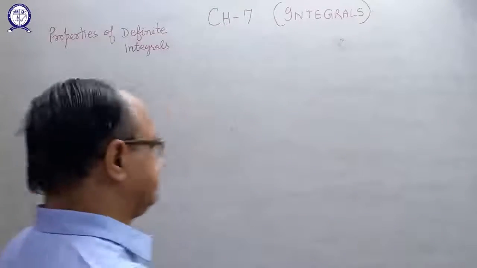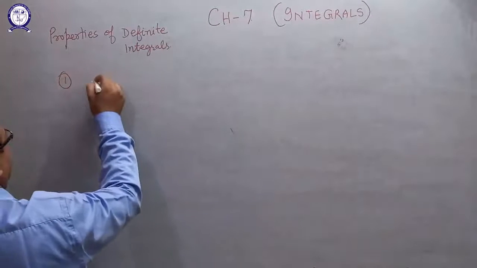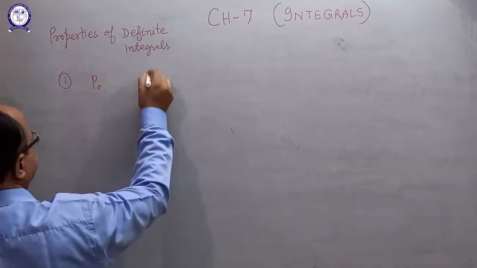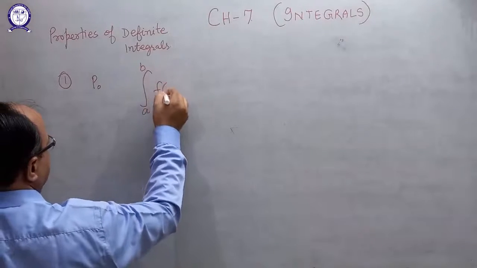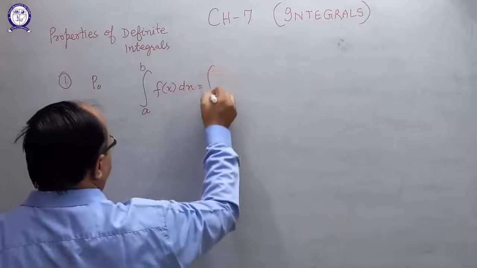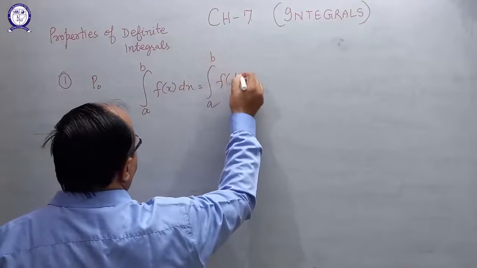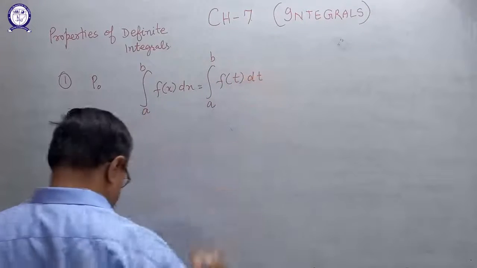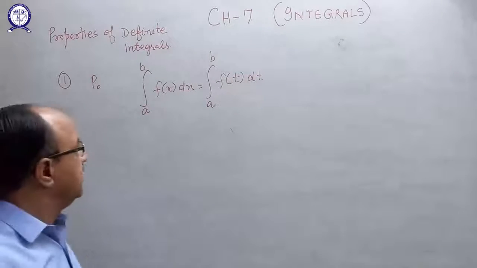Number 1, property P0: integration a to b f of x dx equals integration a to b f of t dt. Clear?